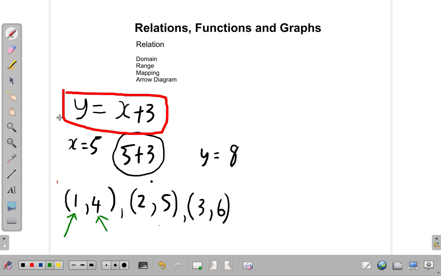What you put into the relation is called the domain, right? And then what you get out of the relation, what the relation puts out, the output, is called the range.